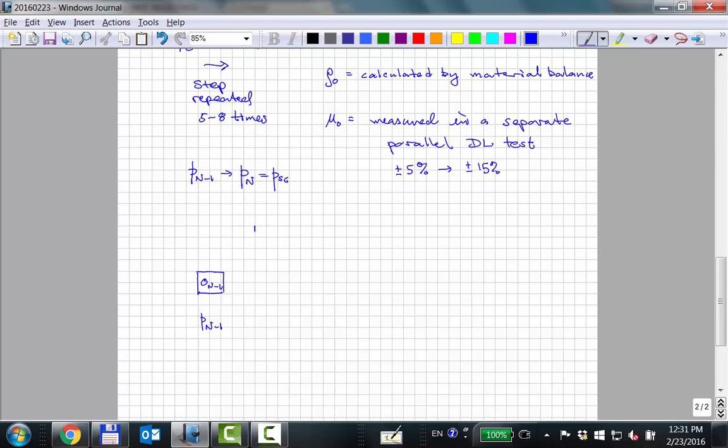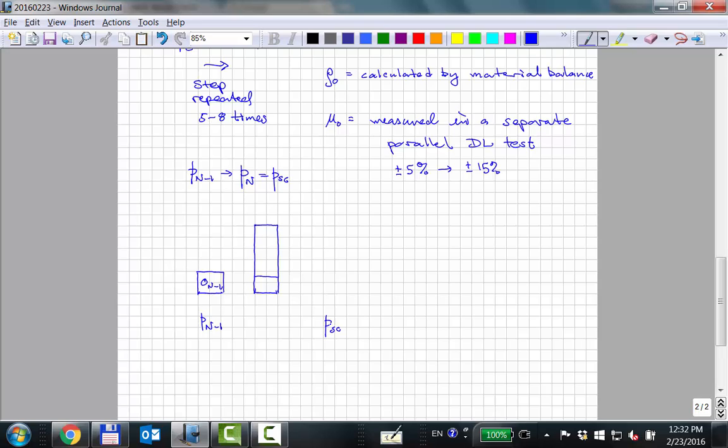And then what happens is that we max out the volume of the PVT cell. The oil has done some more shrinking, but we haven't reached standard pressure because we max out the volume. The gas that comes out behaves basically like an ideal gas, so it takes up a lot of space.